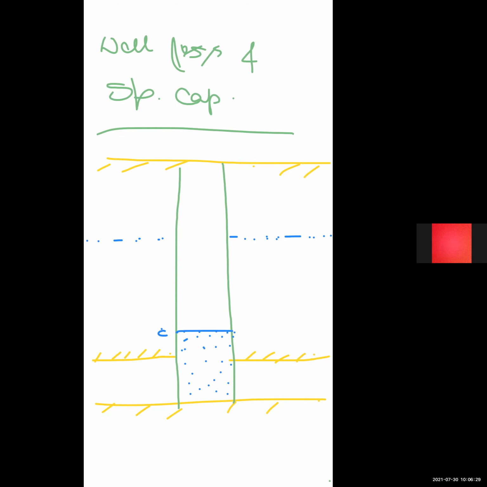This point is C, this point is D, and the drawdown level is here.